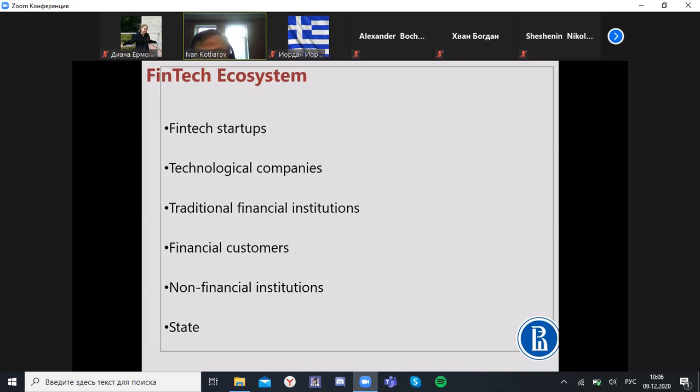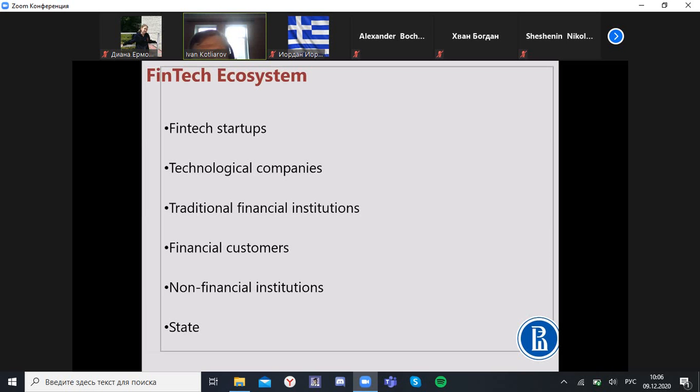For example, we have analyzed this problem during one of our previous lectures. Technological companies may develop technologies of authentication. Probably you remember it, biometrical authentication. It is not exactly a financial product, but it is crucial for development of digital financial projects. So these technological companies also support the digital finance ecosystem.